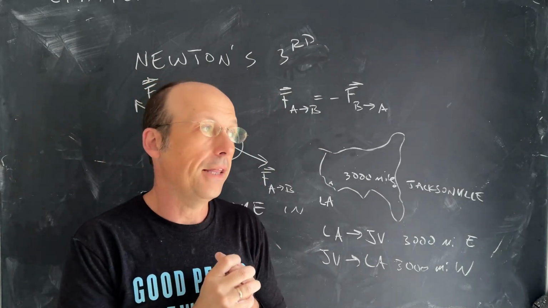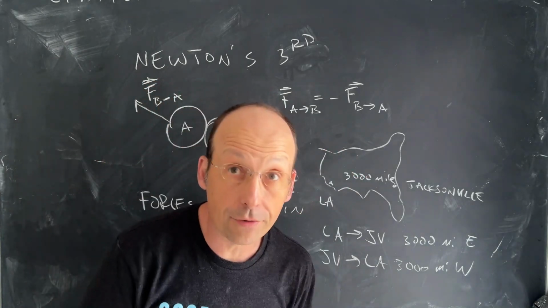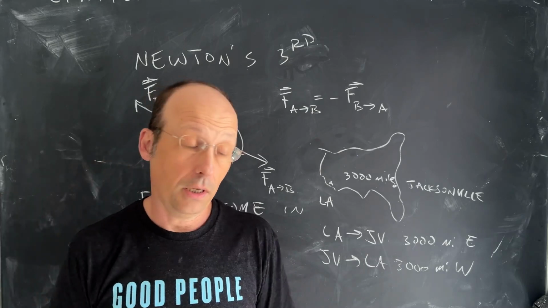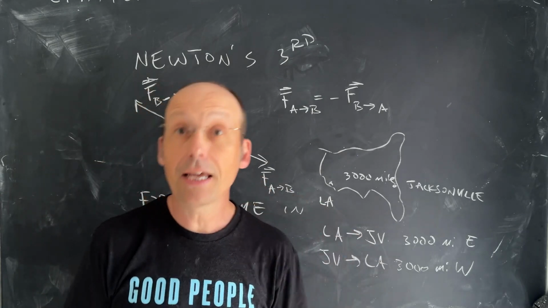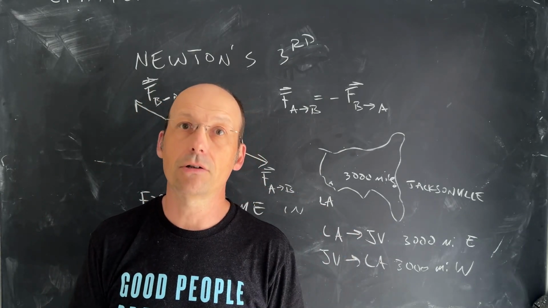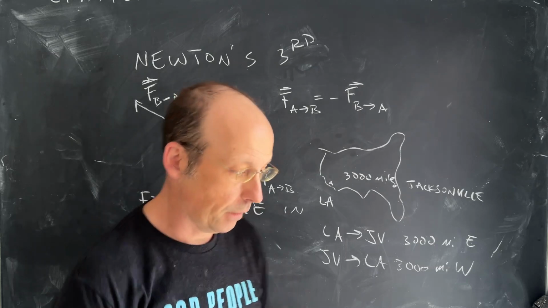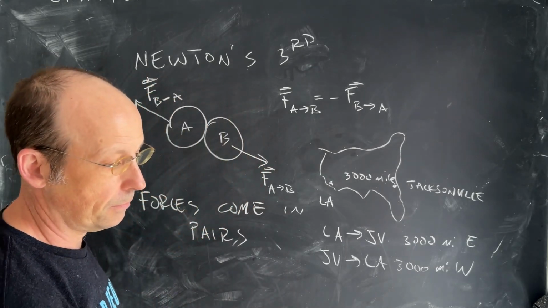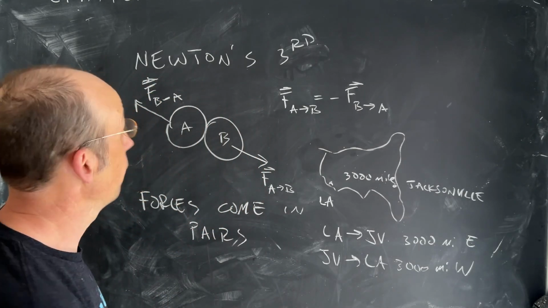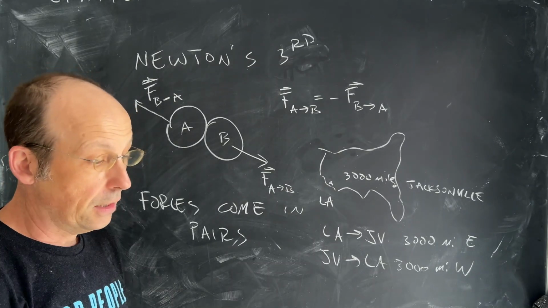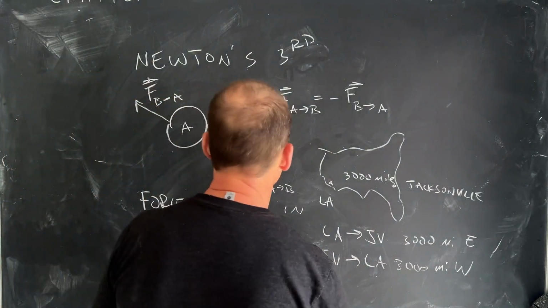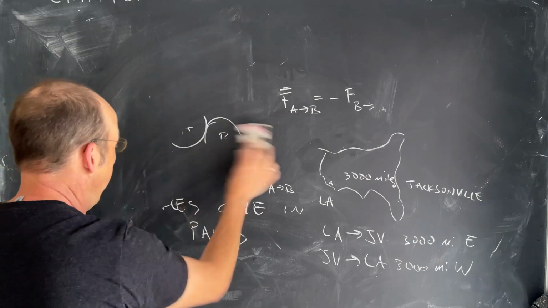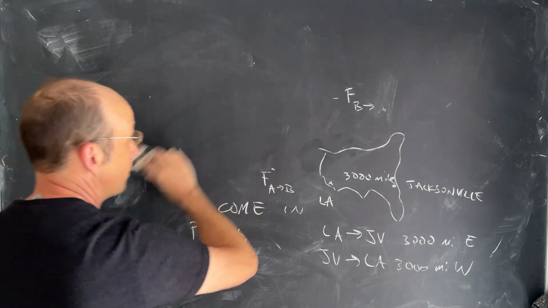But for now, let's just say for every force, there's an equal and opposite force. And it's not wrong to say equal and opposite reaction. I just don't like it. Okay. Forces. Let's talk about forces and look at a free body diagram.